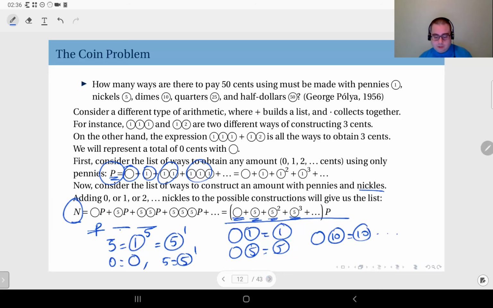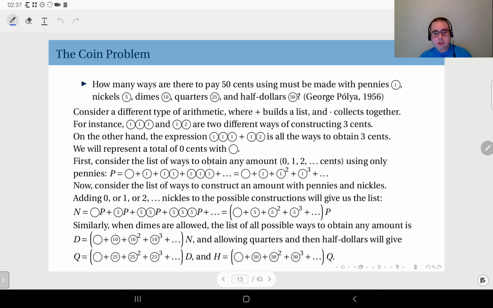So very similarly, if you allow dimes, now tens come into the picture, the list of all possible ways to obtain any amount is now empty coin plus 10 to power 1 plus 10 to power 2 plus 10 to power 3 times N, because the logic is the same. If you add any number of dimes to these construction ways, then you obtain new combinations.